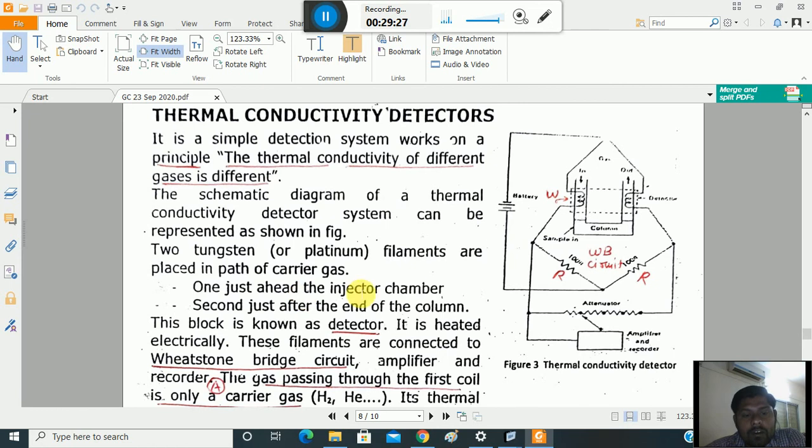One is ahead of the sample injection chamber, that is here. The second is after the end of the column, that is here. Two tungsten or platinum wires are used. That block is known as the detector. We are talking about that dotted block, look here, that is known as the detector.